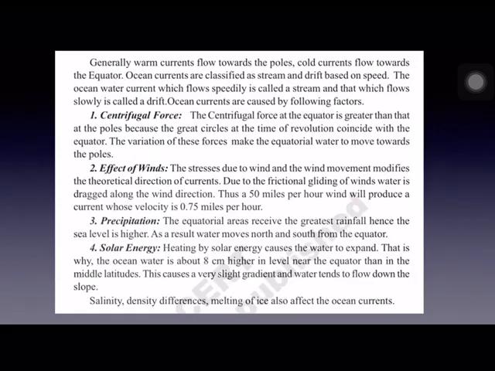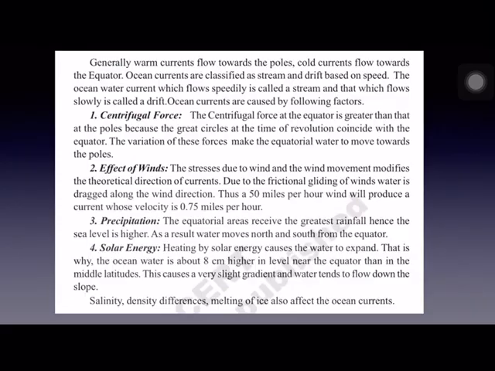And because of this heavy rainfall throughout the year, the water level at equator is higher than at the poles. Because every day it rains, the water level increases at the equator. And when the water level is increased at the equator, the water naturally moves from the equator towards the poles, either the North Pole or the South Pole. And this movement of water only is called as ocean current.